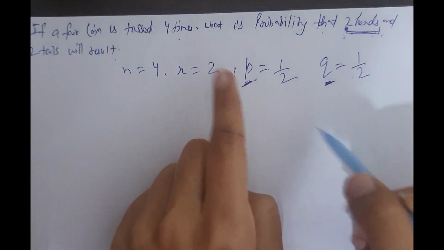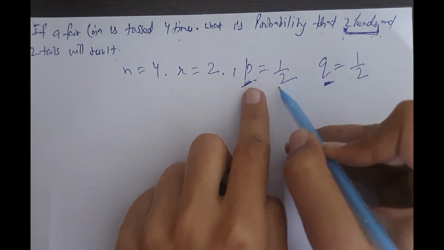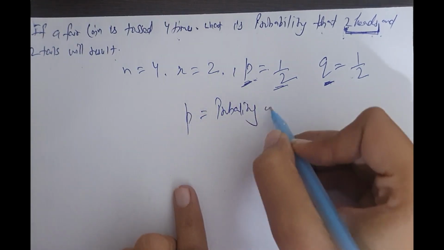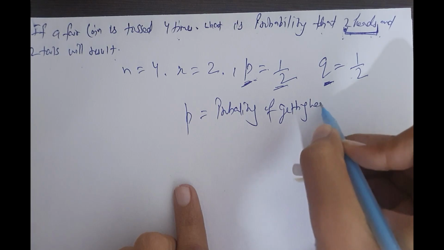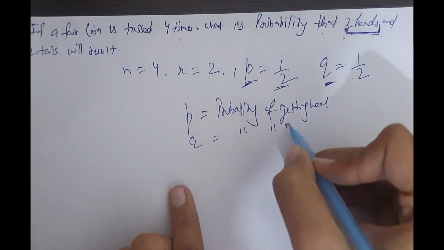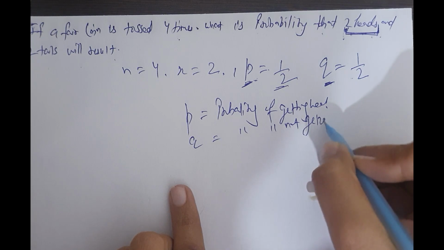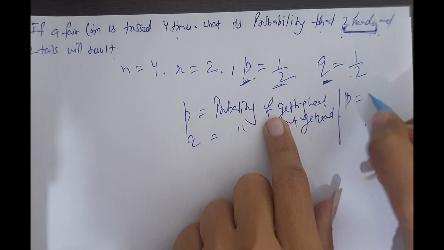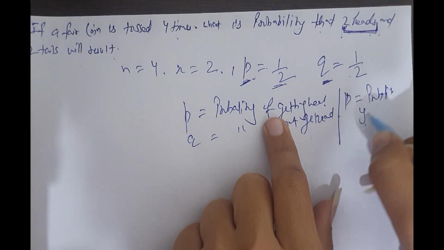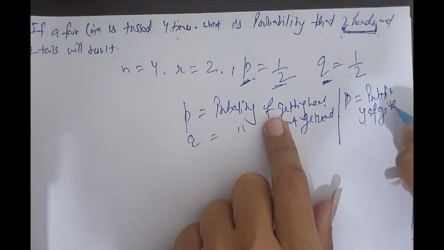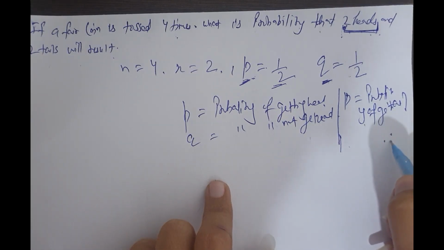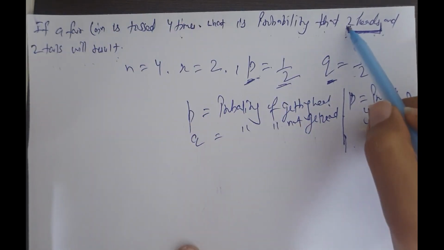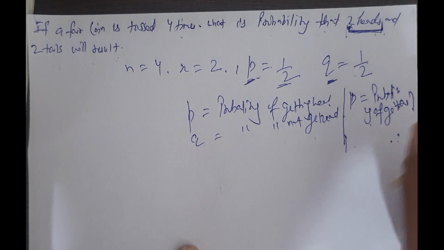We can do it either way, p as probability of getting head and q as probability of not getting head, or we can take p as probability of getting tail and q as probability of not getting tail. In the question they are saying the probability of getting 2 heads and 2 tails, because here they are not asking specifically for head or tail probability.